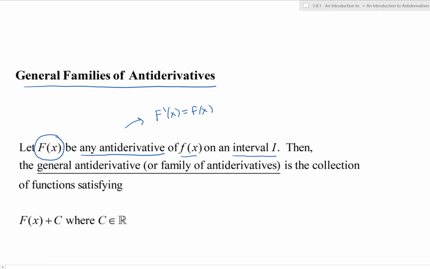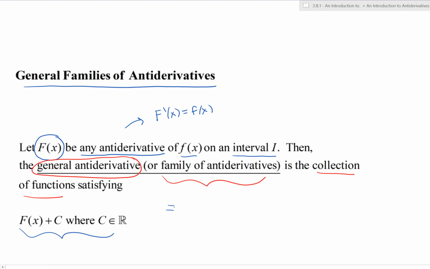Then the general antiderivative, or the general family of antiderivatives, is the collection of functions satisfying the condition big F of x plus some constant, where c is some real constant.